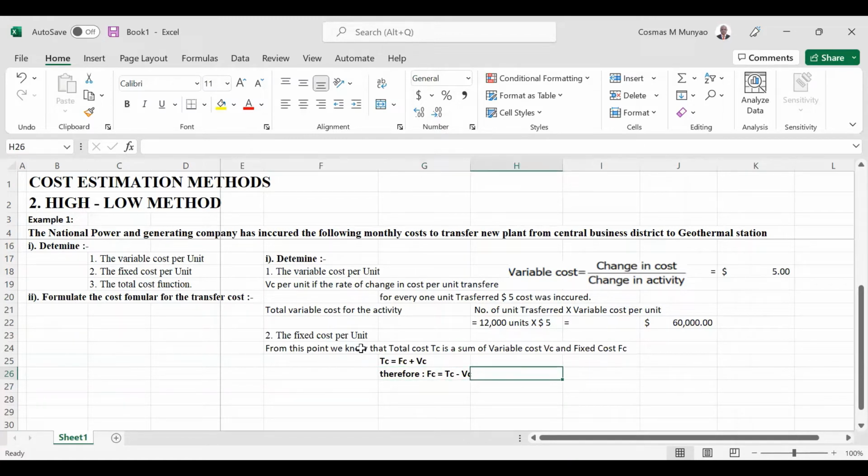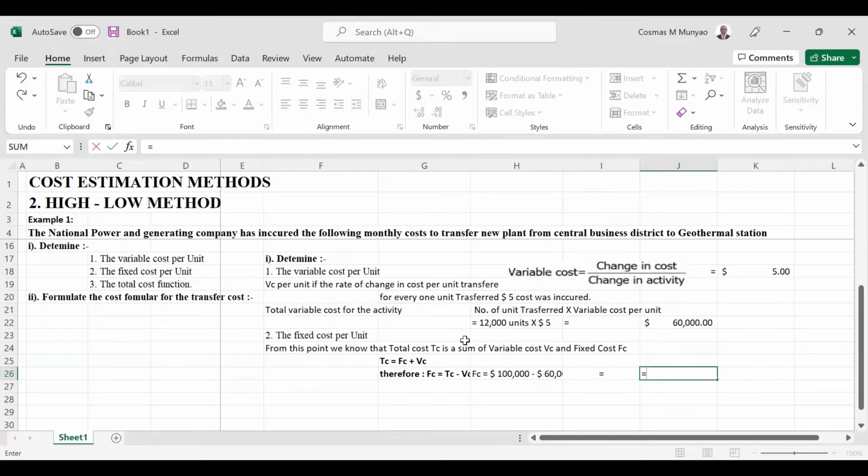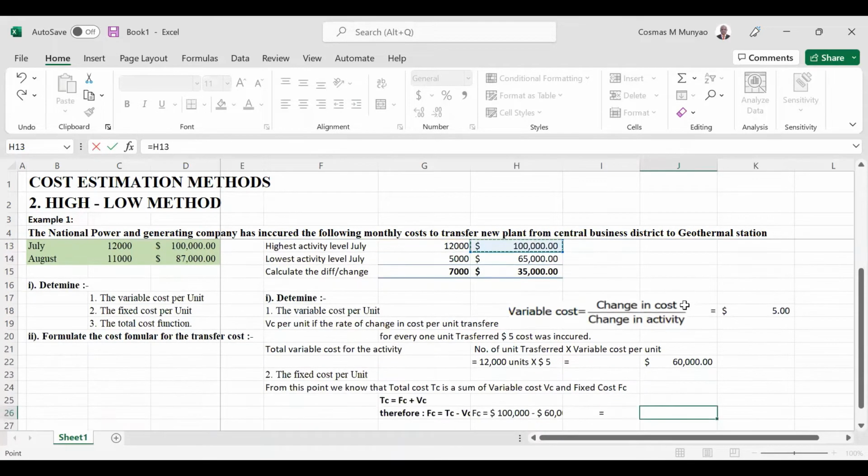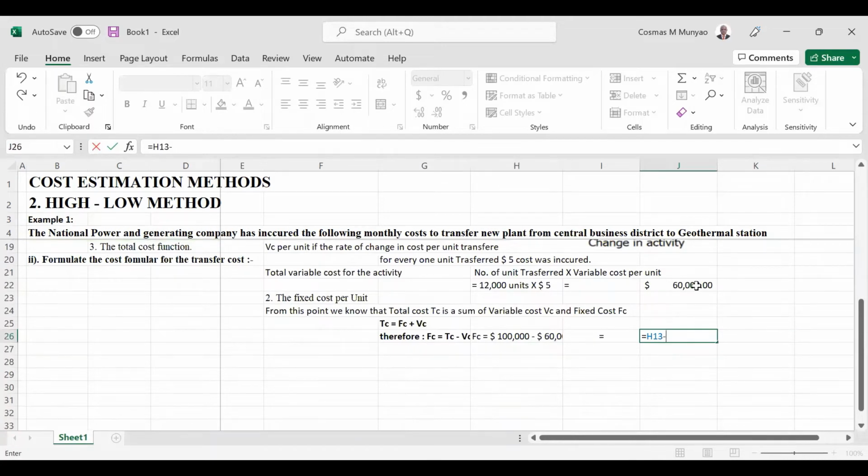Fixed costs equals total cost, which is 100,000, minus variable costs in brackets 60,000, which equals 40,000, and this is your answer.